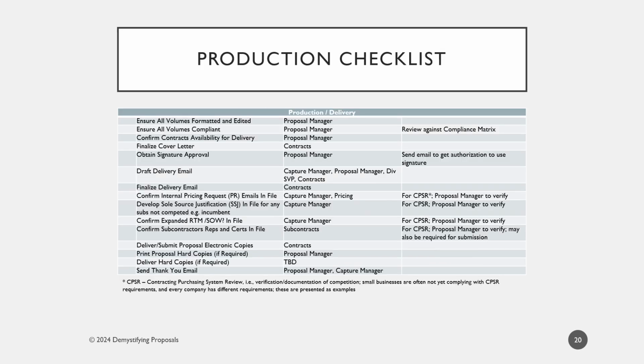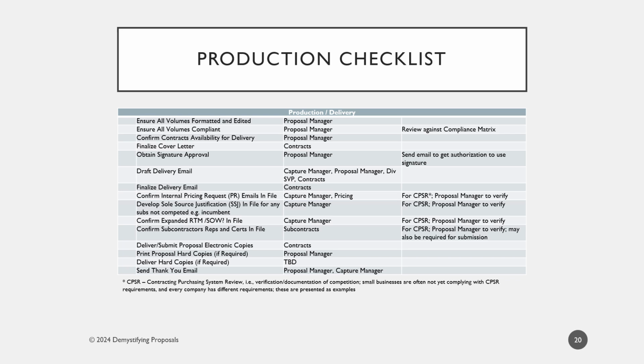This is an example of a production checklist. The production time between white glove and submission is often a very kind of chaotic and hectic time. You don't have a lot of time usually. You have a lot of things to get done. So having a checklist of all the things that need to get done and who's responsible for doing them can be an invaluable thing.